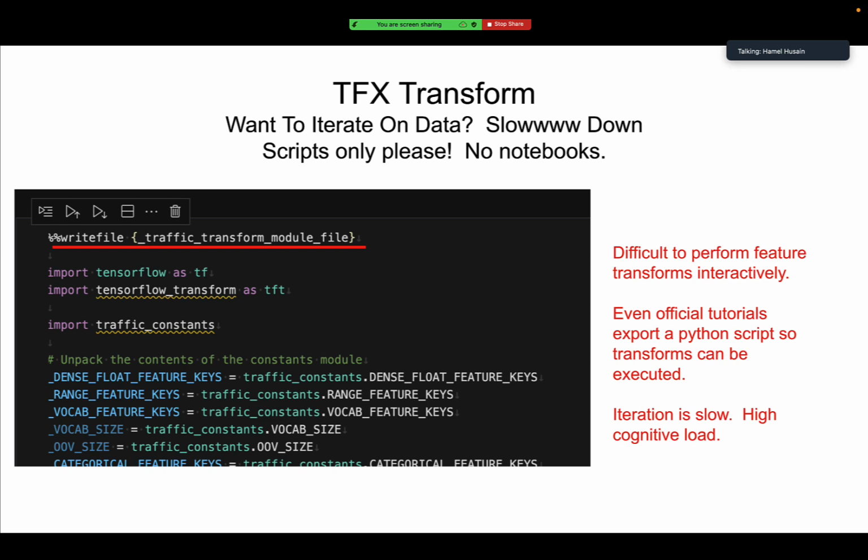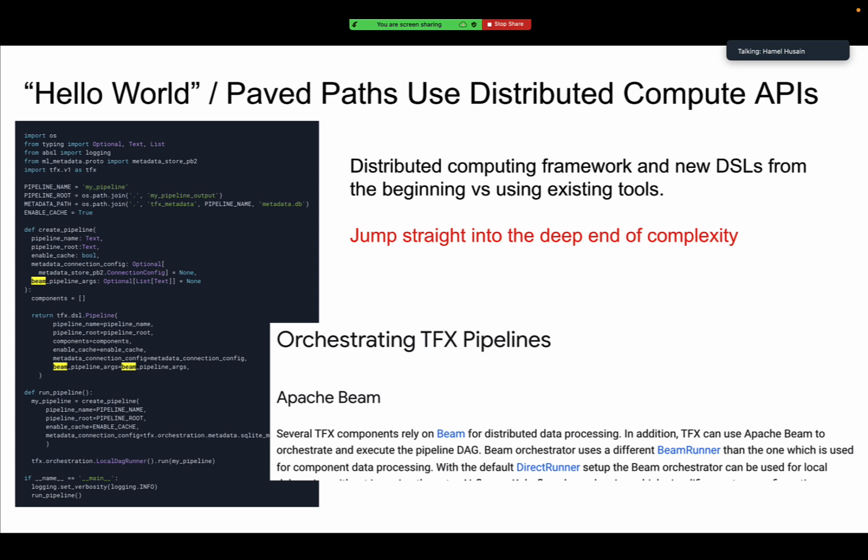And iteration is really slow. If you want to change some feature engineering in certain parts of the workflow, you can't do work interactively.